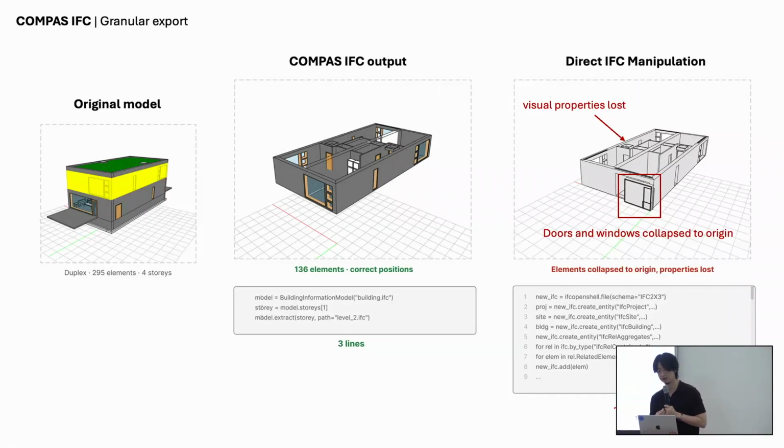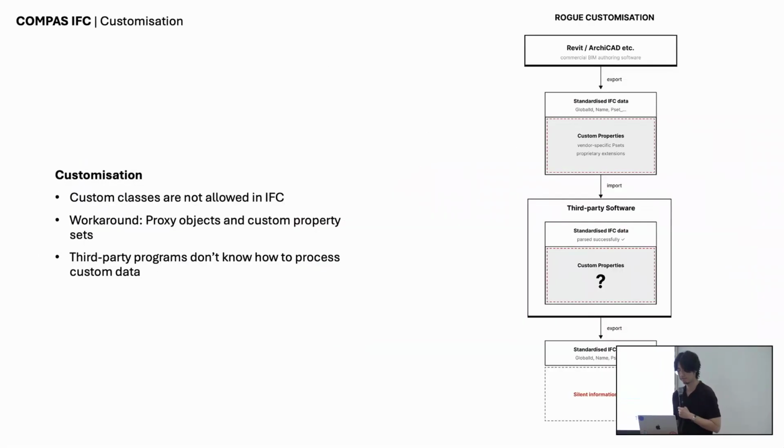Using these two structures to extract a certain scope of the project, say a building story here, becomes super easy with just a few lines of code. In comparison, direct IFC manipulation would take you hundreds of lines and still give you all kinds of problems like misplaced objects or lost properties.